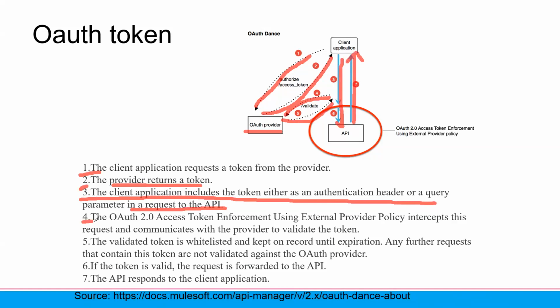In number four, nowadays there is one library, we call it the OAuth 2.0 access token enforcement. It uses the external provider policy. So once we have the validated token, we can continue to connect to the respective API, and the API will respond to the client application.